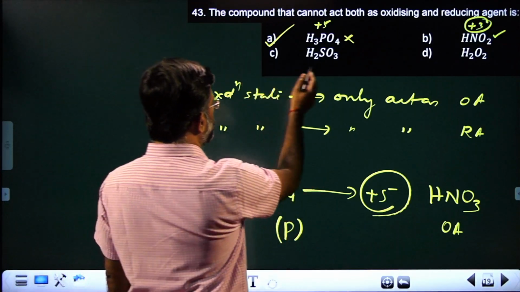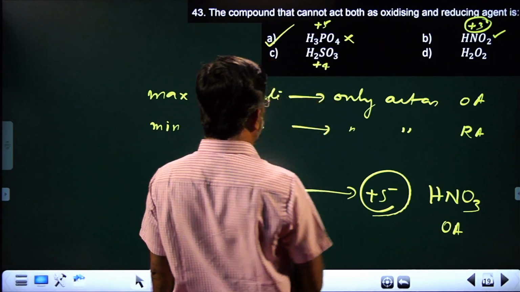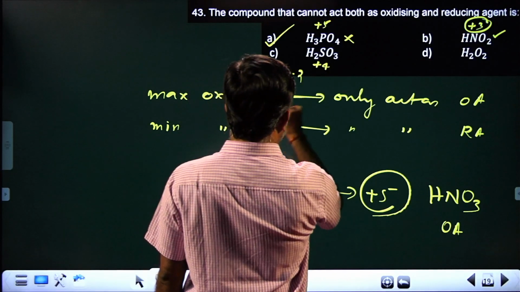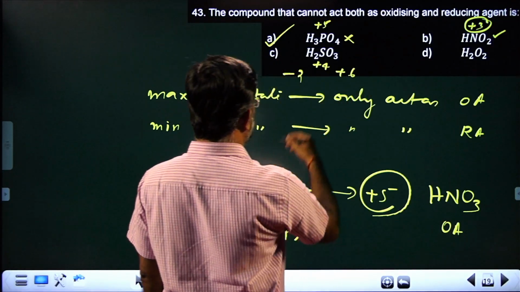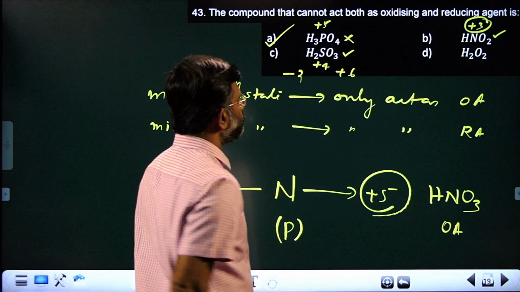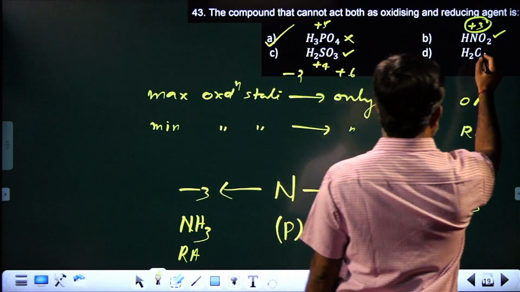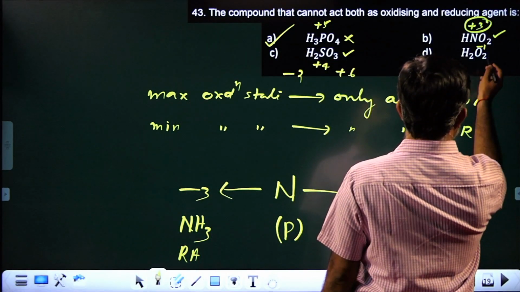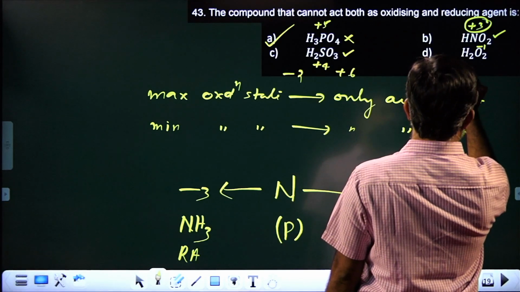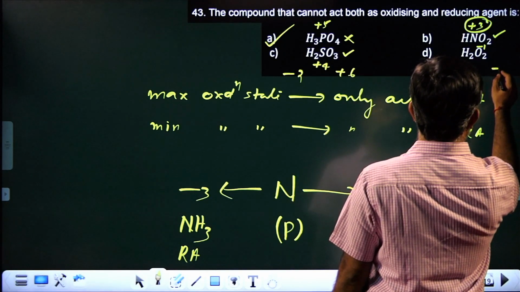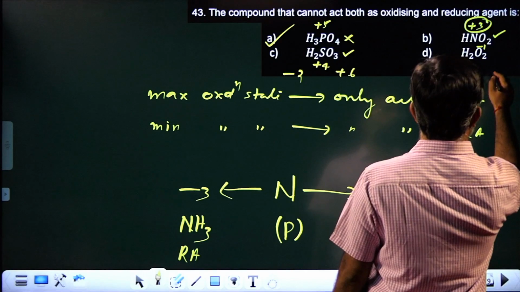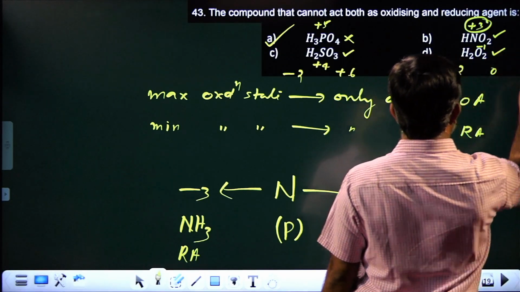Coming to other options, sulfur is +4 here. The minimum for sulfur is -2, the maximum is +6. It can act as both. Oxygen is in the -1 state. The minimum state for oxygen is -2, and the maximum it may go to is the elementary state 0. So here it is in between. It can act as both.